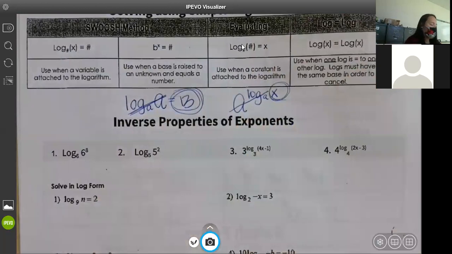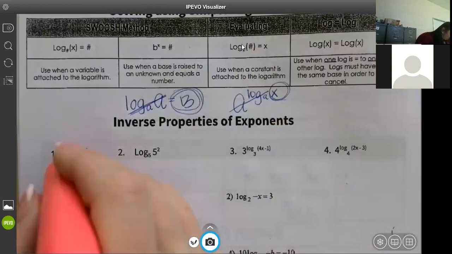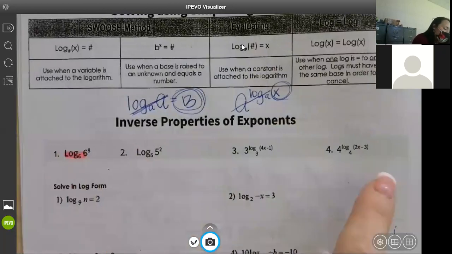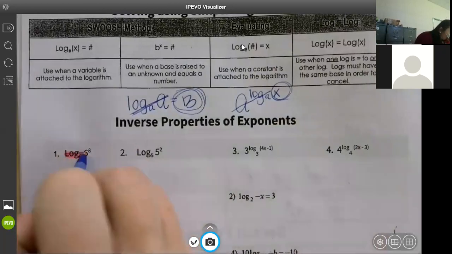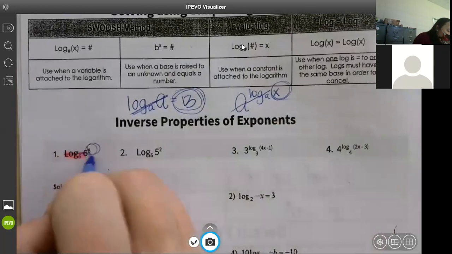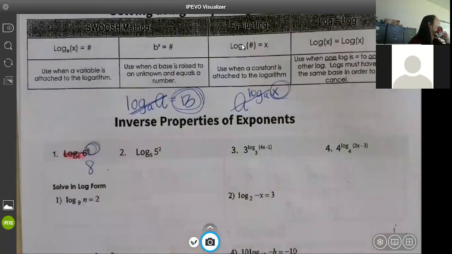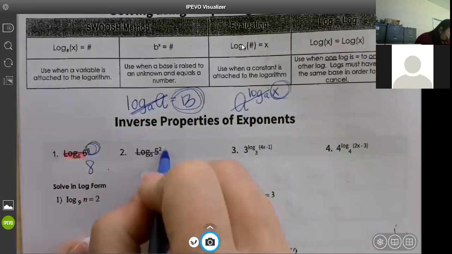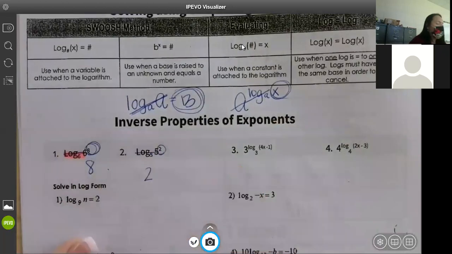So here's what I'm showing you. In the very beginning, right here, it has log base 6 of 6. You guys see that? Log base 6 of 6. That will cancel out and just leave you with the power. It's that simple. Don't make it harder than what it is. So if we do log base 5 of 5, that will cancel out and just leave us with 2.